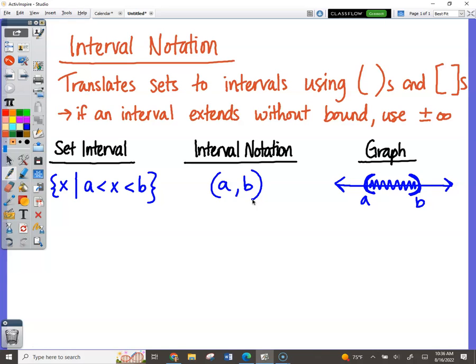It's talking about a shaded portion on the number line that would be from A to B, but not touching A or B, right? So this is how you represent this in interval notation. You use the min and the max, and it's going to be parentheses, okay?